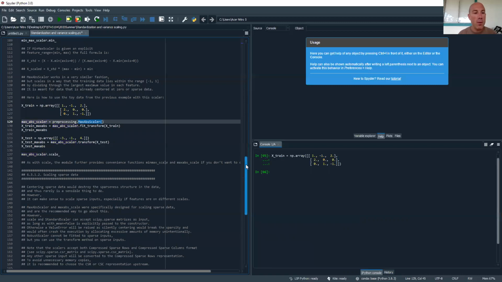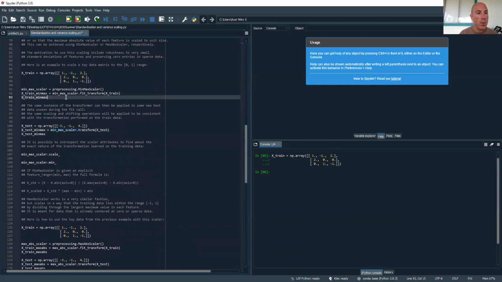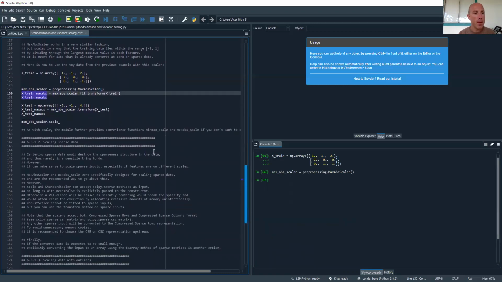Previously, we went with min max scalar. Now we're doing max absolute scalar. Okay, so let's go through. Now I've got my function to do transformations. I need to fit it on my training data.